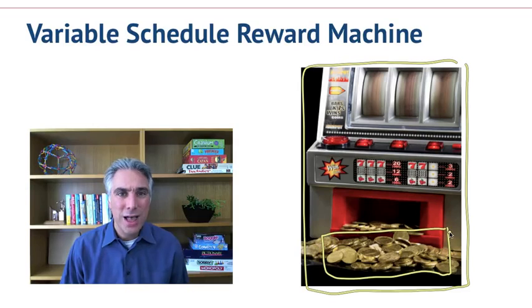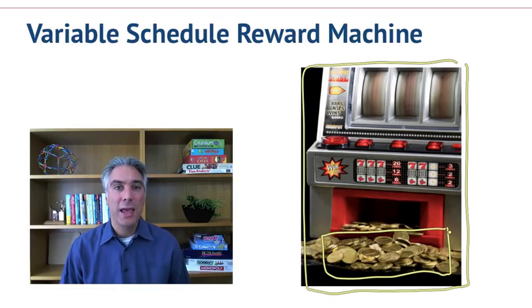But what makes the slot machine work, what makes the slot machine addictive to people, is the variable reward schedule. You never know when a reward is going to come up. And a good slot machine, or at least an effective slot machine for the casino owner, is tuned so that the reward is variable, it's random, you can't be certain exactly what is going to happen, but the reward comes just enough so that you don't give up.